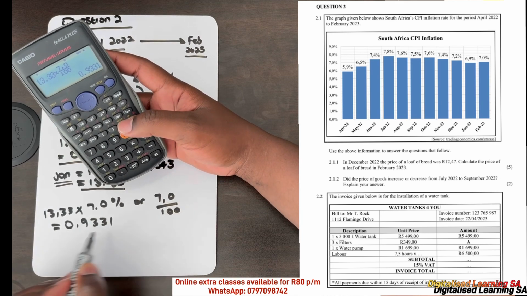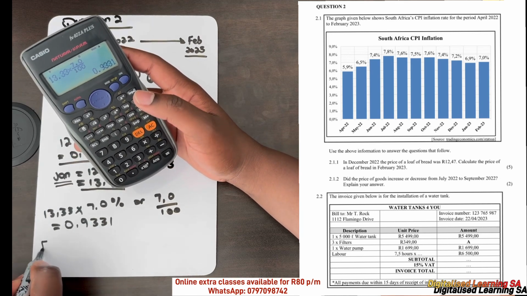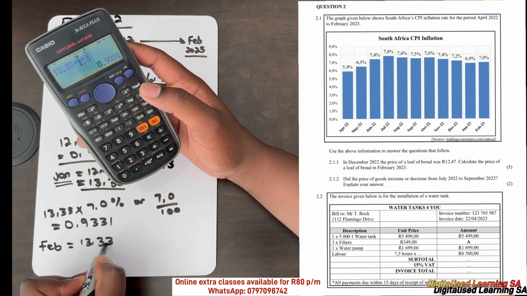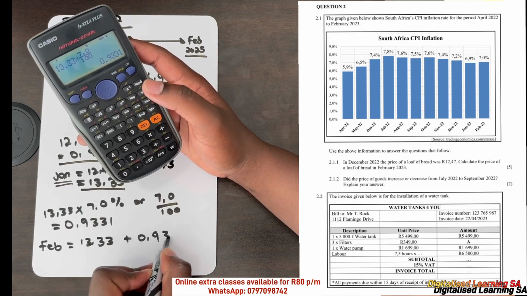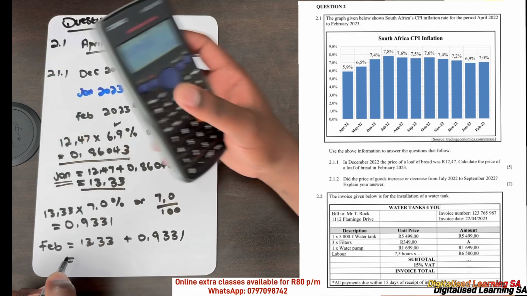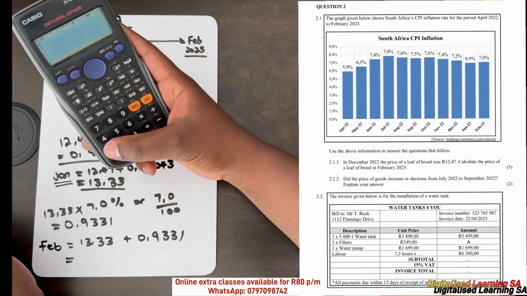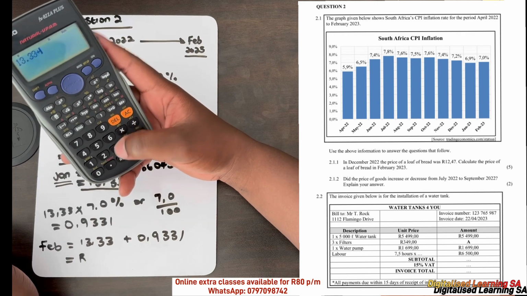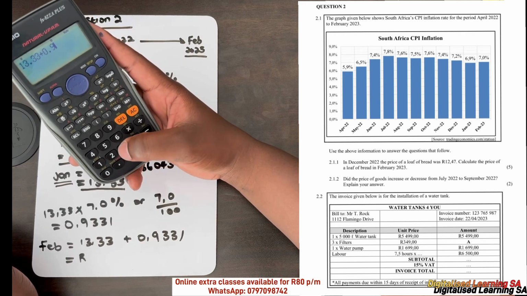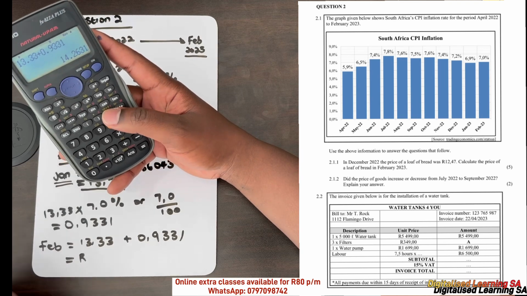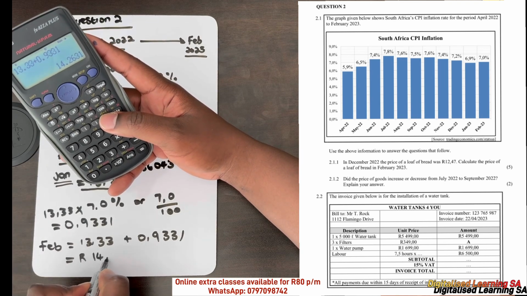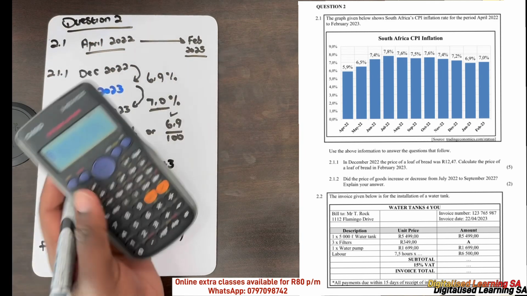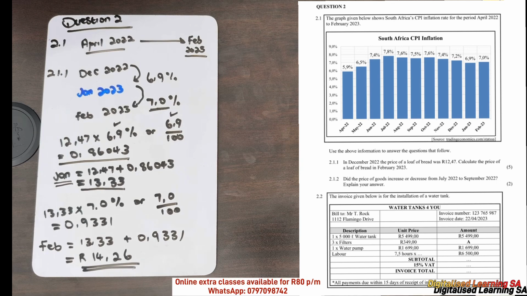Okay, and then now to get the price for February, we just add the two. So we add 13.33 plus 0.9331, and then the price of bread in February will be 13.33 plus 0.9331, and our answer will be 14.26, and then we round off to 2 decimal places.